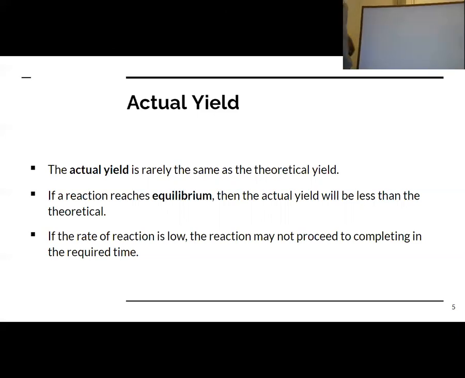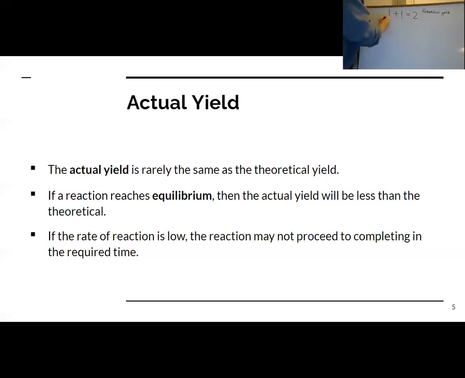So the theoretical yield is 1 plus 1 equals 2. This is the theoretical yield. So 1 plus 1 equals 2.